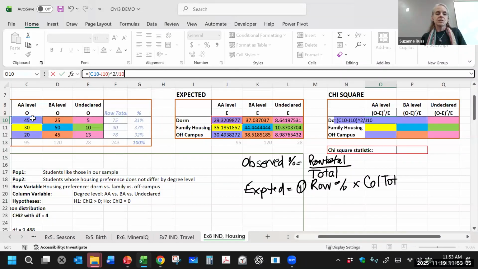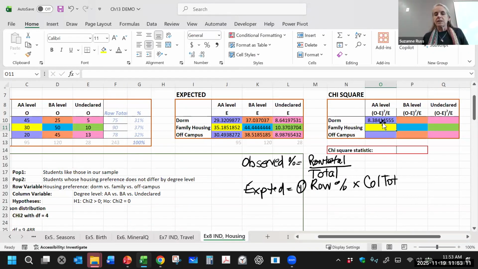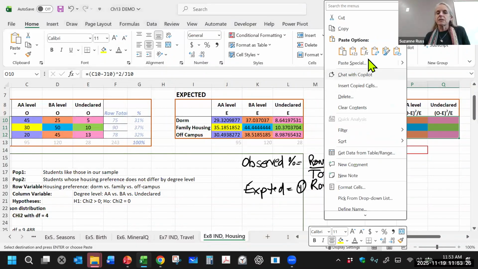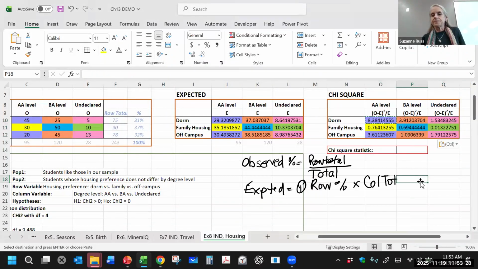C10, which is the O, minus J10, which is the E, then we square and divide again by E, and we get 8.34. Let's just copy and paste this as a formula through all of these. I have it copied. I'm going to just right click and paste the formula. Good.